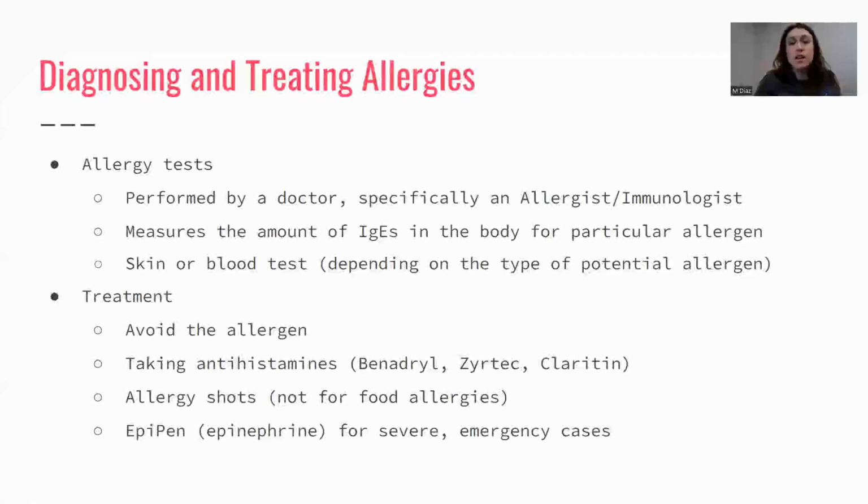In some cases, you can do allergy shots if you would like to try to become less allergic. However, this cannot be done for food allergies. Again, for severe emergency cases, an EpiPen or anything containing epinephrine can temporarily treat that allergic reaction.